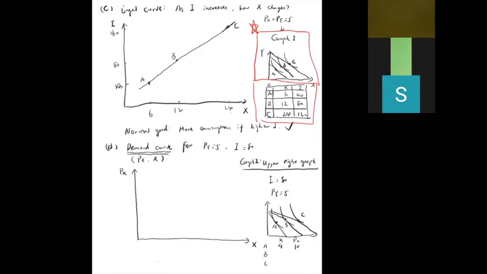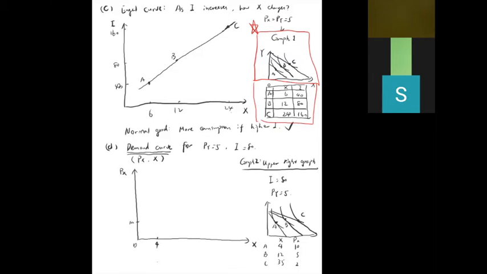Okay, and then for point B, the price of good X is 5, and the consumption of good X is 12. And at point C, the price of good X is 2, and the consumption of good X is 35. So what we'll need to do is we draw these points on this graph. So for point A, X equals 4, and Px equals 10.